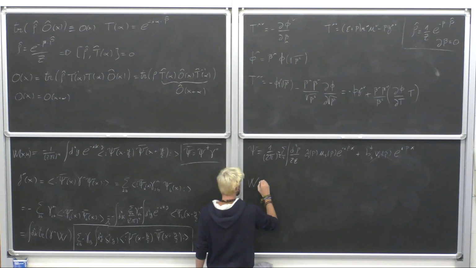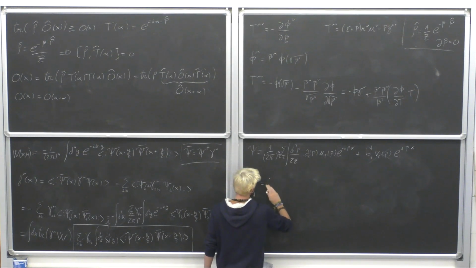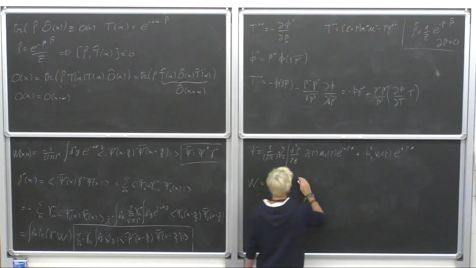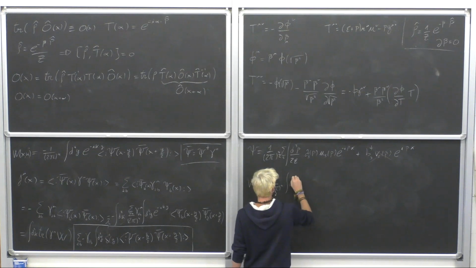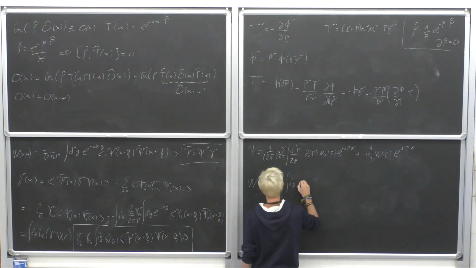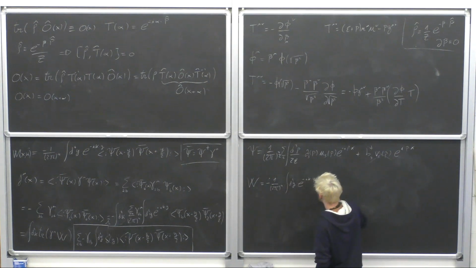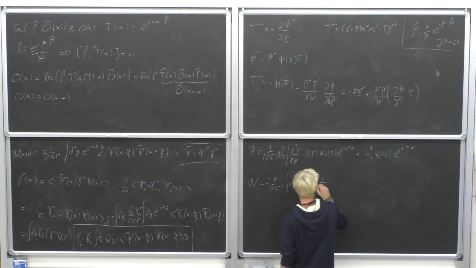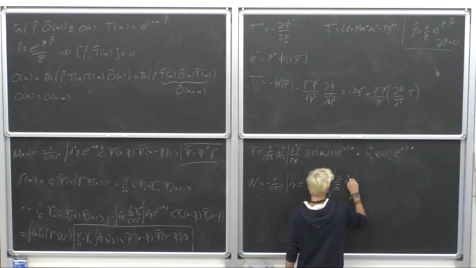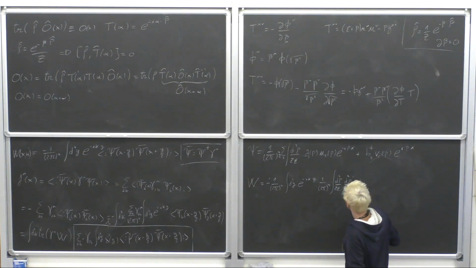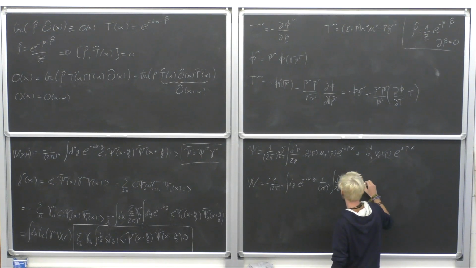We have W equals minus 1 over 2 pi to the 4, and then the integral d4y e to the, and then we can put 1 over 2 pi to the 3 integral d3p. Okay, then we have the spinors.